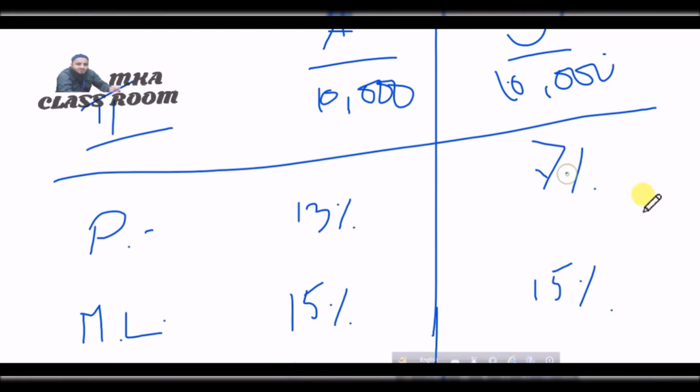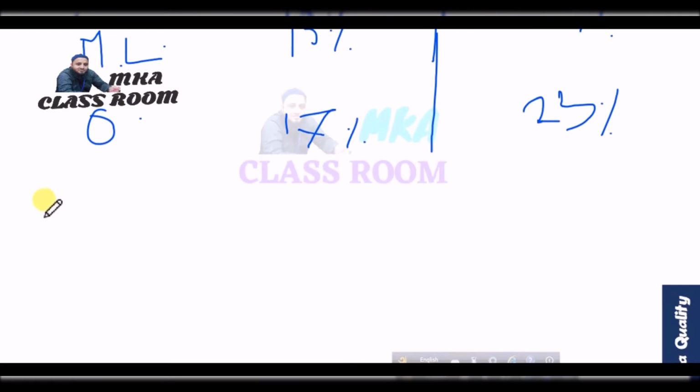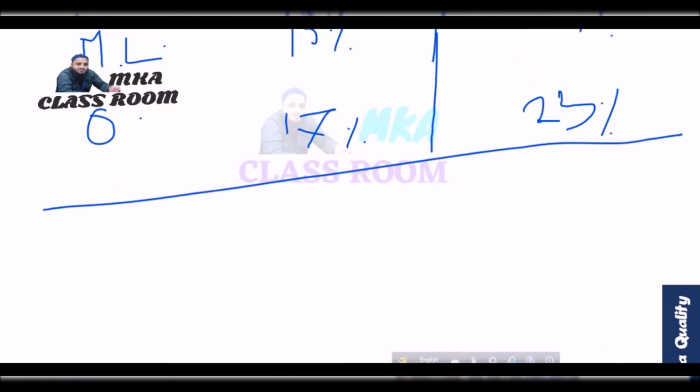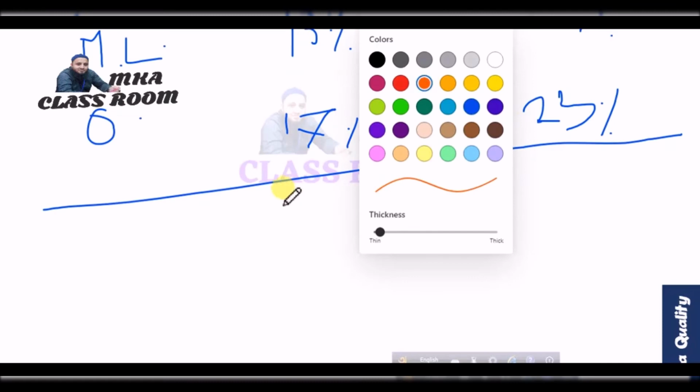So these are the expected returns from this investment. Now the question arises, which investment is better and why it is better.